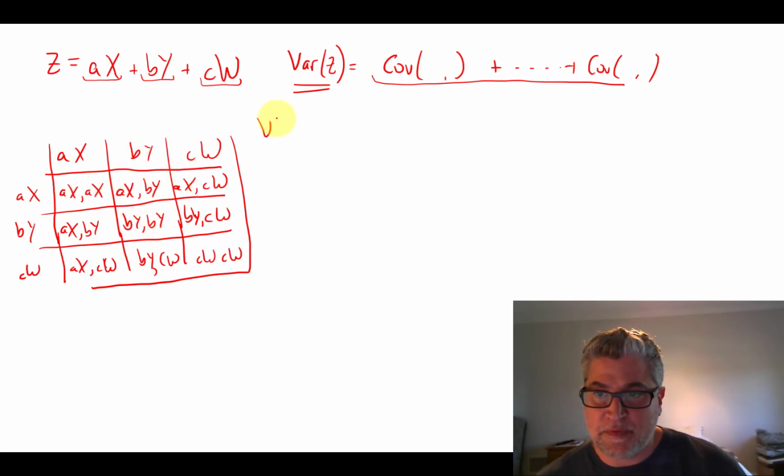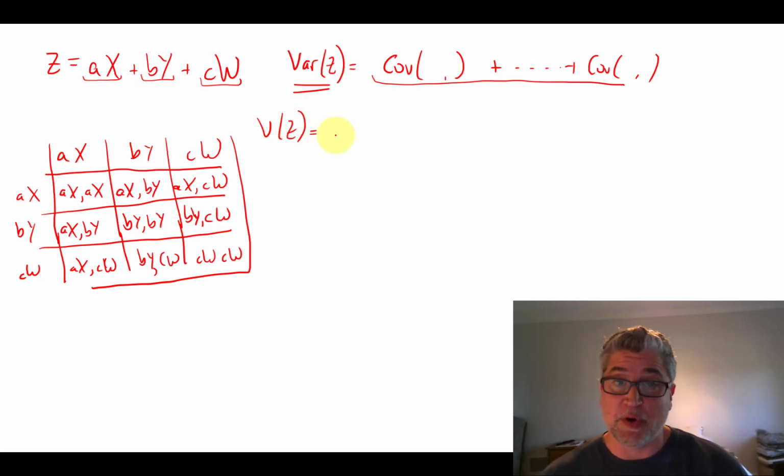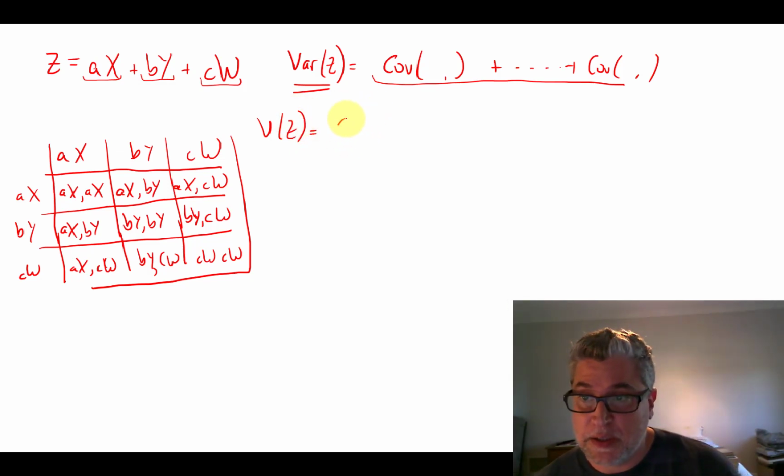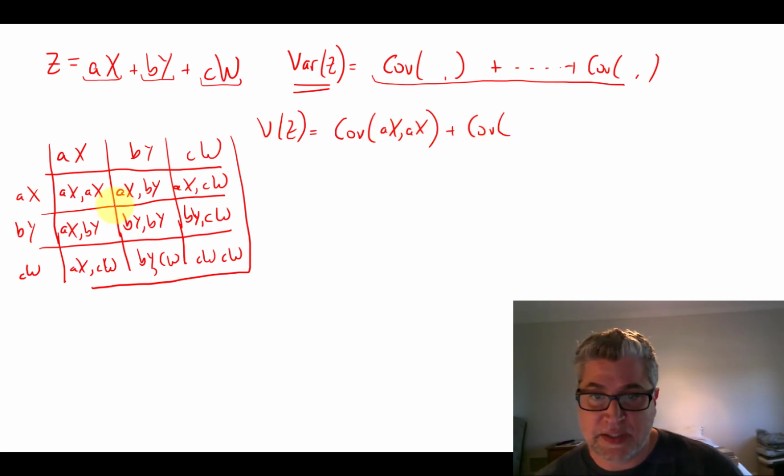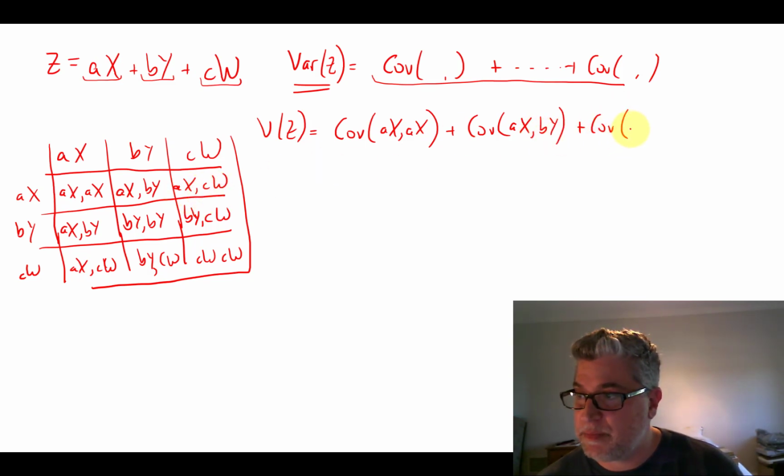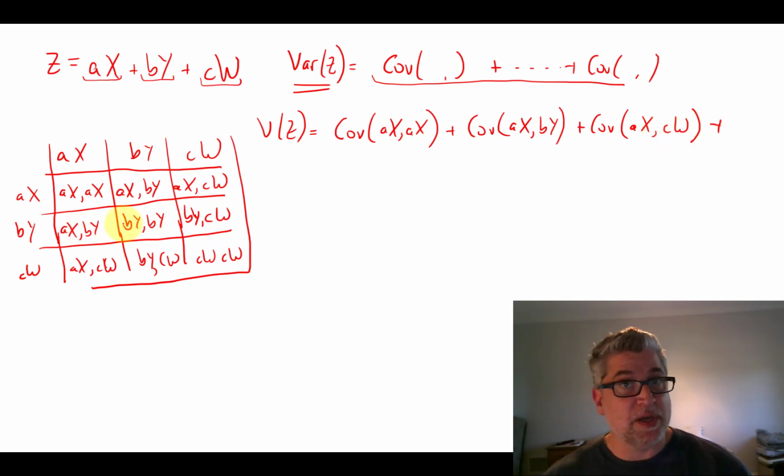So in other words, the variance of z is, I'm going to write this out, this will be lengthy, but it's the covariance of ax and ax plus the covariance, now of this one, so it's ax, by, plus the covariance of ax, cw, plus these 3 covariances, and then these 3 covariances. So I'm going to write these down real quick.